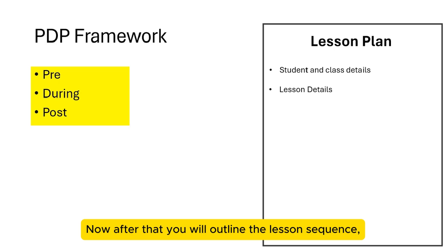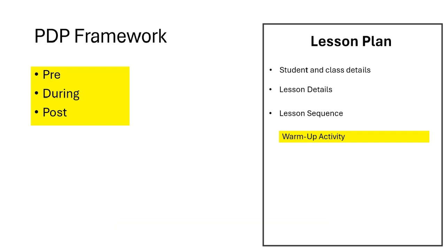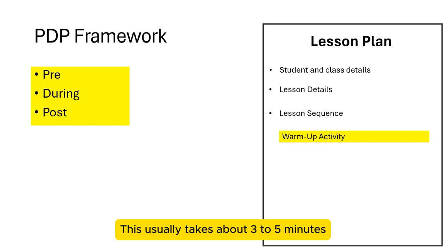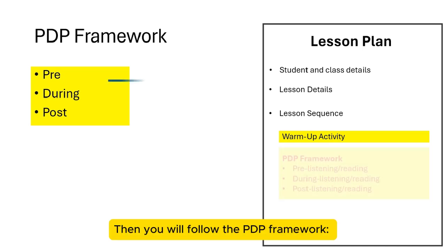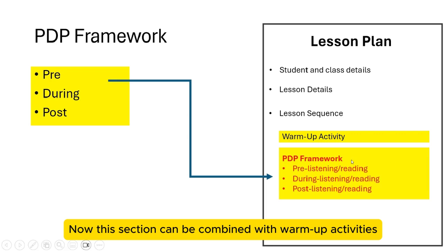Now, after that, you will outline the lesson sequence. You will have a warm-up activity, how you will engage students and introduce the lesson, and this usually takes about 3 to 5 minutes. Then you will follow the PDP framework, pre-listening, pre-reading. Now, this section can be combined with warm-up activities.